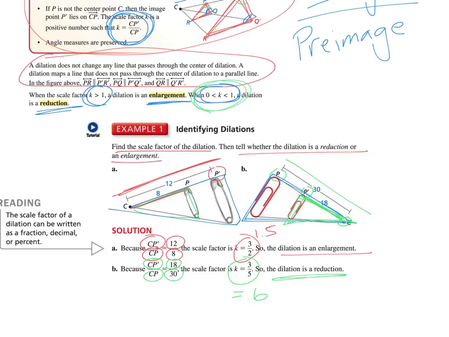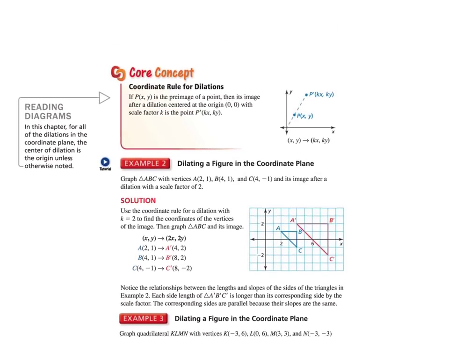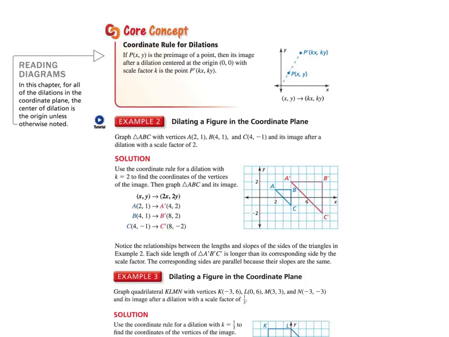Let's go over some other concepts. Expanding on the idea of dilations, now we're applying it to the coordinate system. If you look at this rule here, the basic idea is if your scale factor is k, then you're multiplying k against x and y.